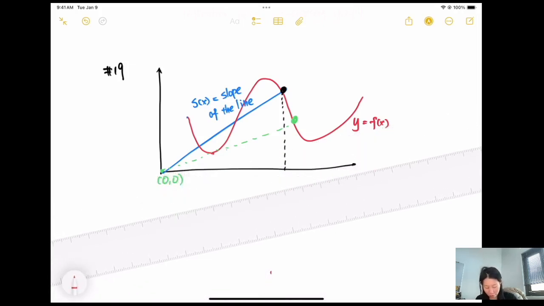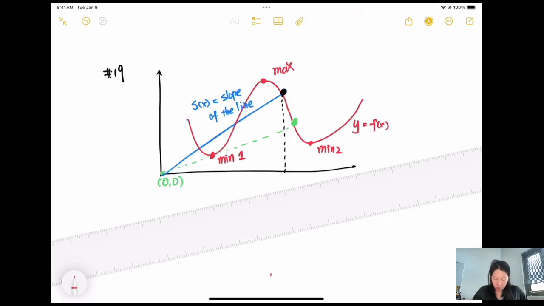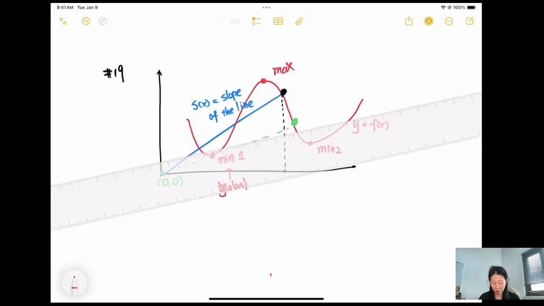So now I have a minimum in here, local minimum 2, and this is our maximum. So the local minimum point 1 is lower than local minimum point 2. This in fact is our global minimum, and minimum 2 is one of our local minimums. We have 2 local minimums and 1 global minimum.